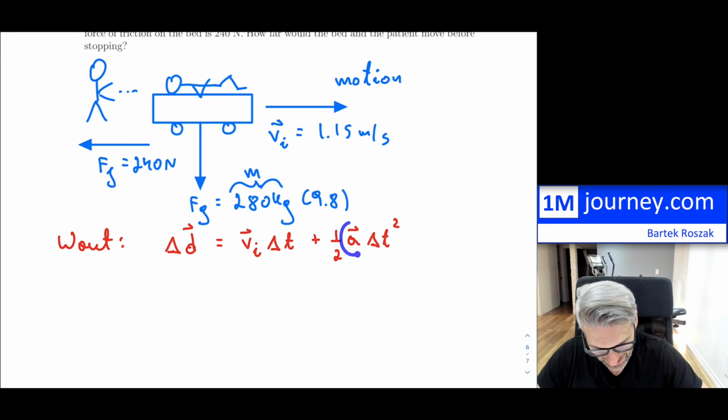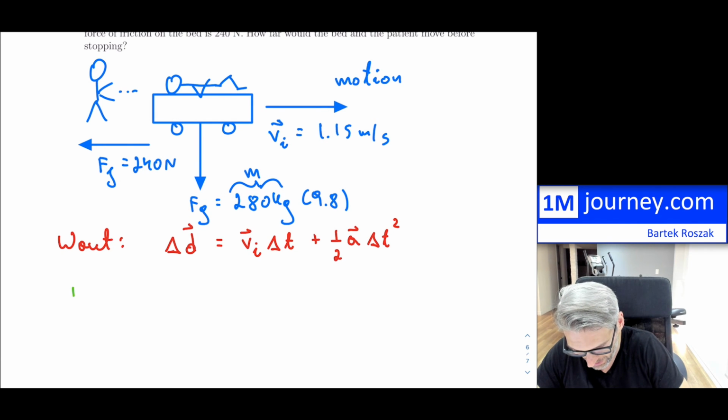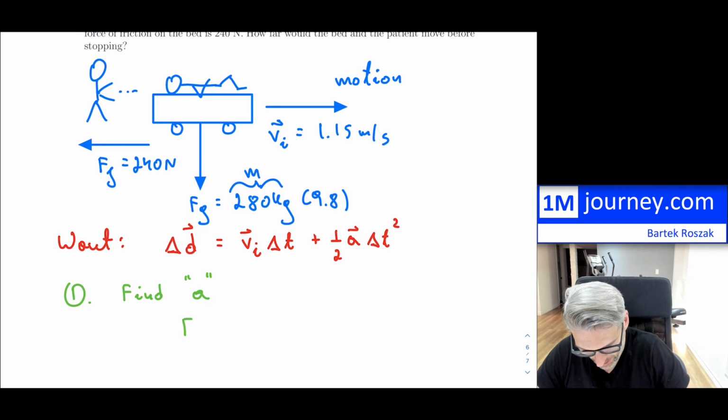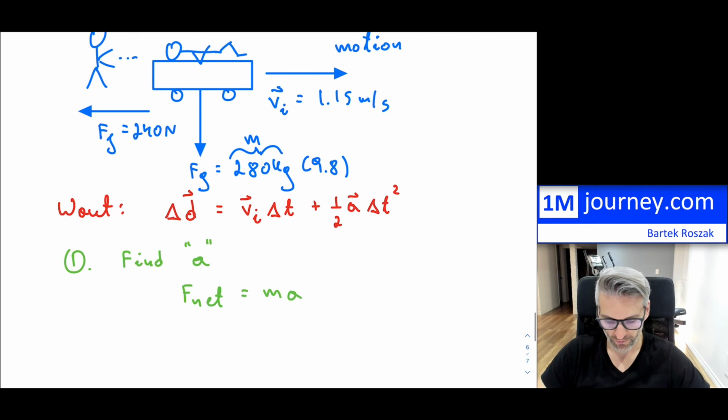Well, the acceleration is from Newton's second law. So maybe number 1, let's find the acceleration. How will I find that? Well, F net equals mass times the acceleration. I know the mass is 280.